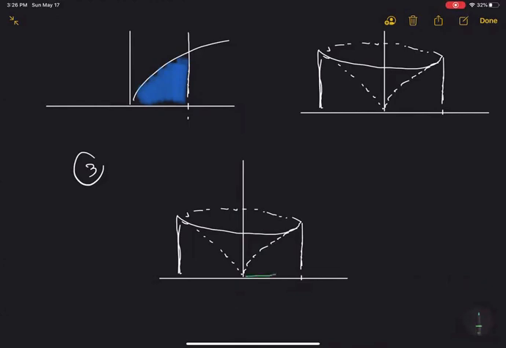So that first step would be to go into here, so maybe I have a cylinder this wide. And then I turn and go up until I hit my curve. Boom. And then my cylinder just wraps all the way around my object, and it's symmetrical. So this is my cylinder.